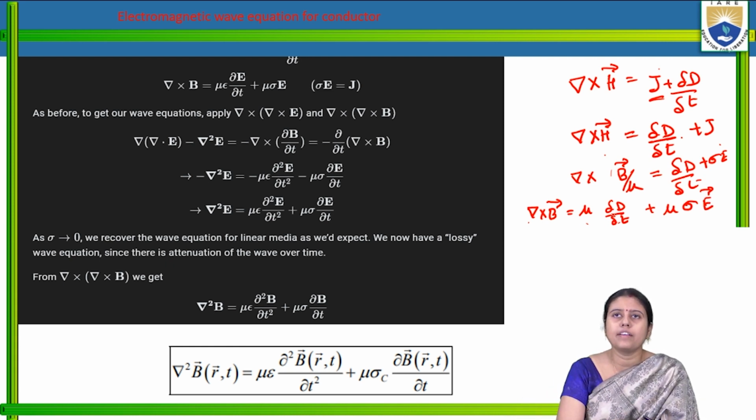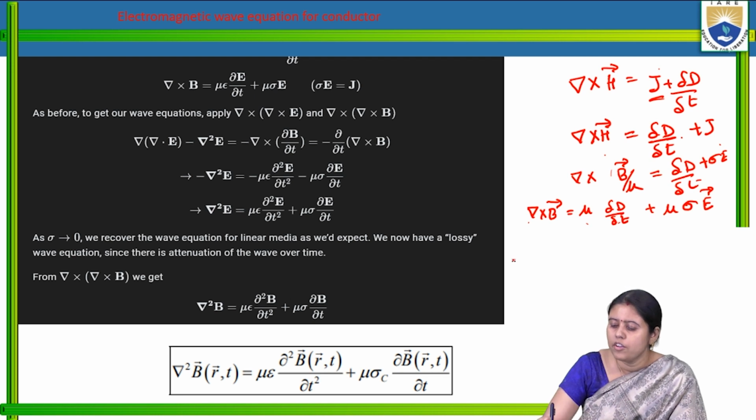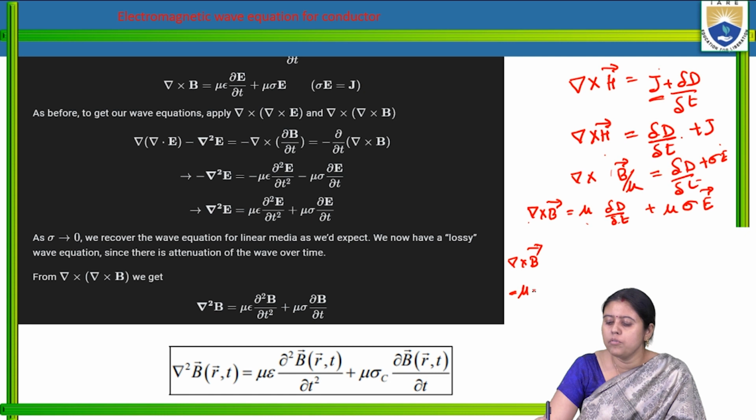D is nothing but epsilon into E. So curl B is equal to mu epsilon del E by del t plus mu sigma E.